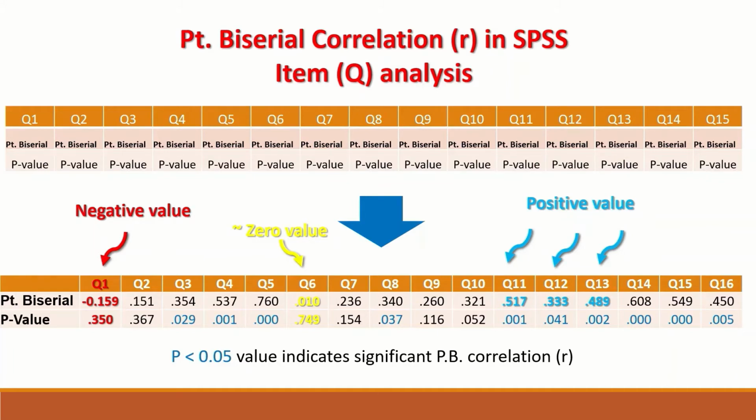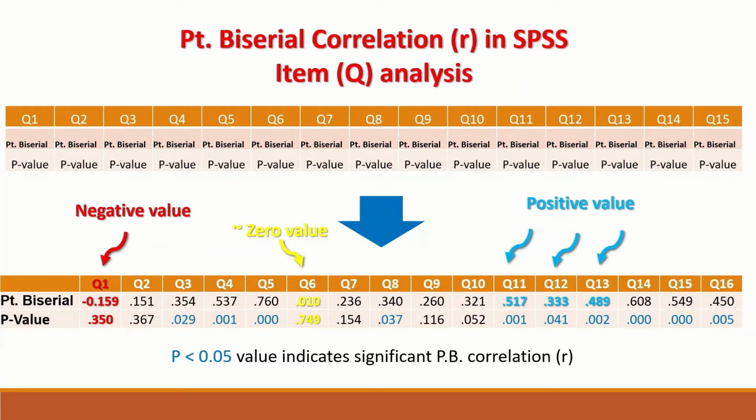In the red labeled scores, for question number 1 we see that the value is negative and it is not significant because the p-value is greater than 0.05. This question number 1 indicates that higher performing students are answering this question wrongly and low performing students are answering it correctly. So this question is a very bad question that needs to be removed from the exam as it is negative.